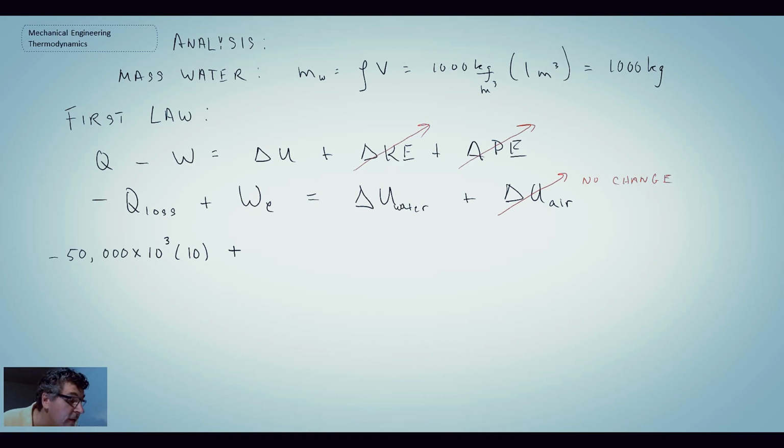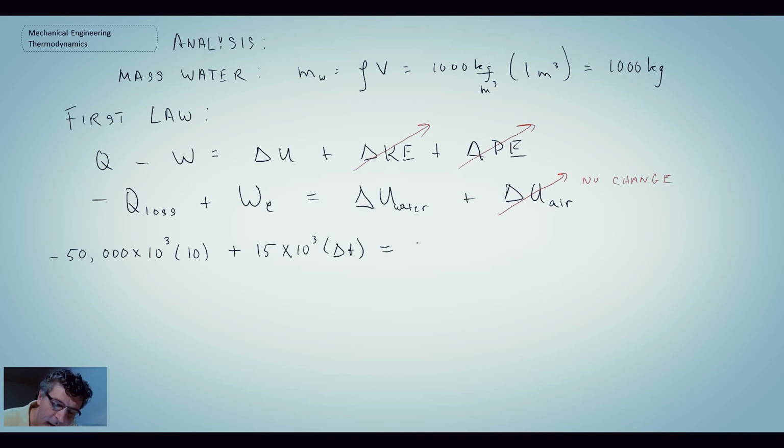We were told it's a 15 kilowatt heater, so 15 times 10 to the 3, multiplied by some unknown period of time. We don't know how many hours that will be, or how many seconds I should say that will be.